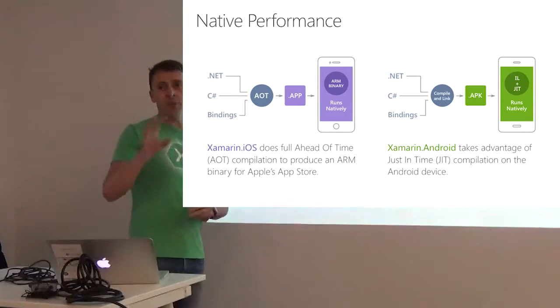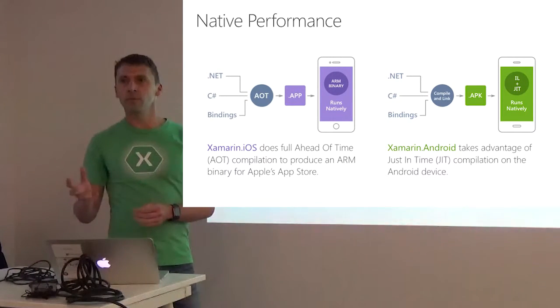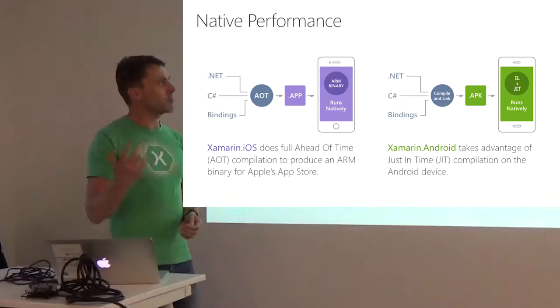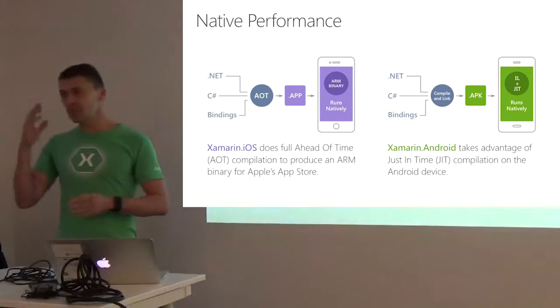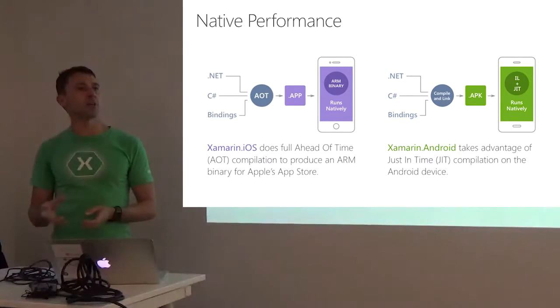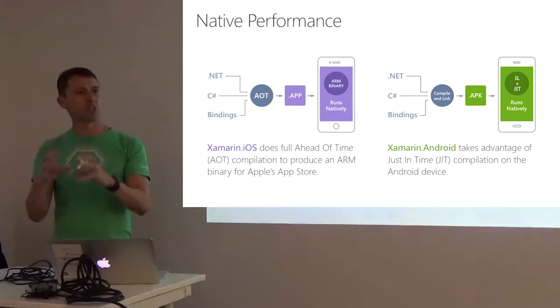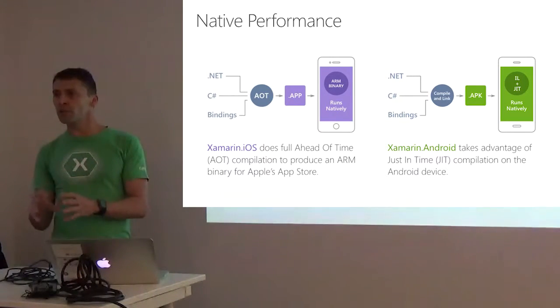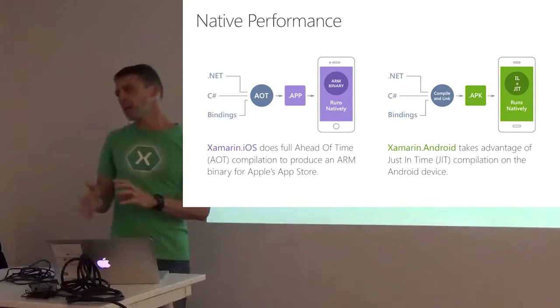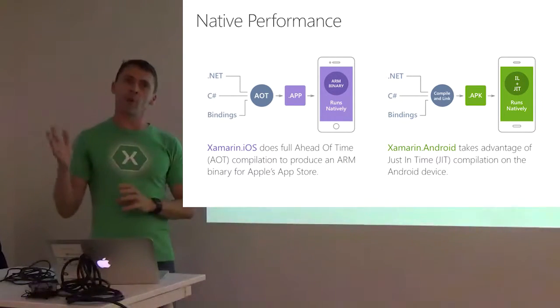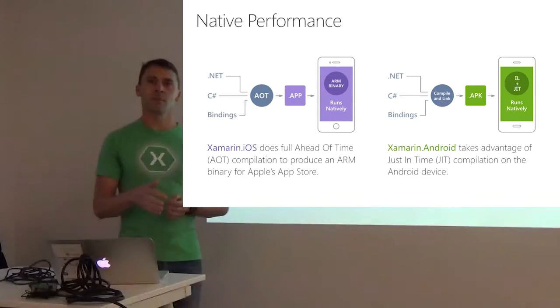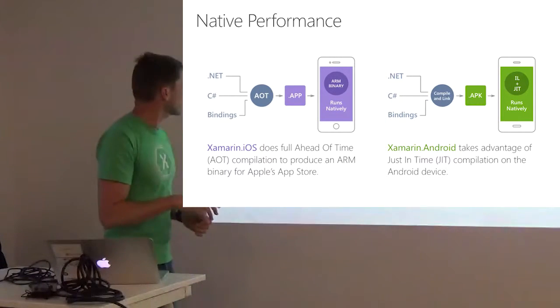So if you try and reflect on it later, for example, it's not going to be there. So that's something to be aware of. The stack is conceptually the same as on Windows: IL, JITting, and running on a .NET runtime, but we've linked away parts of the .NET runtime and parts of your application to save size. So that's something to keep in mind.